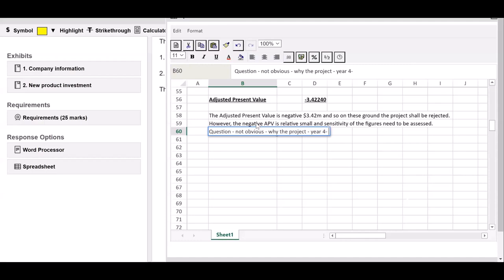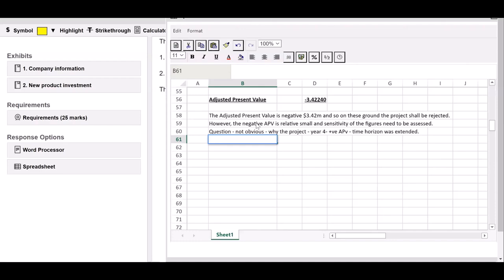We can state that probably a positive APV would have been achieved if the time horizon was extended. Please note, these are just the points that you need to write. They have to be put across in proper sentences. These are just the points. And so this is how we question.